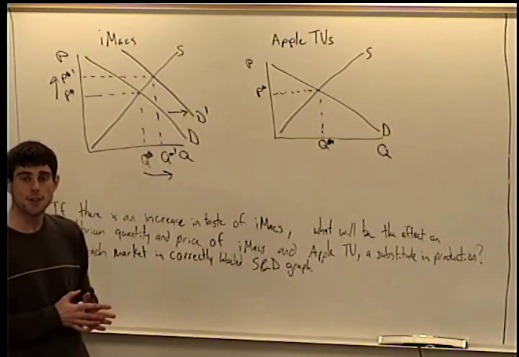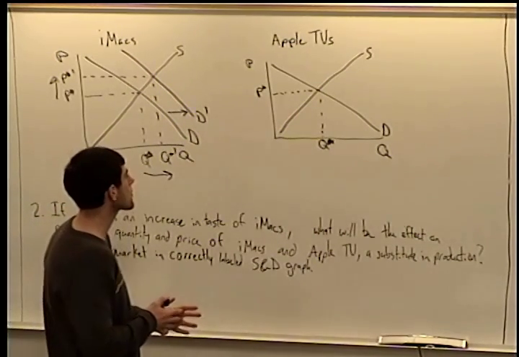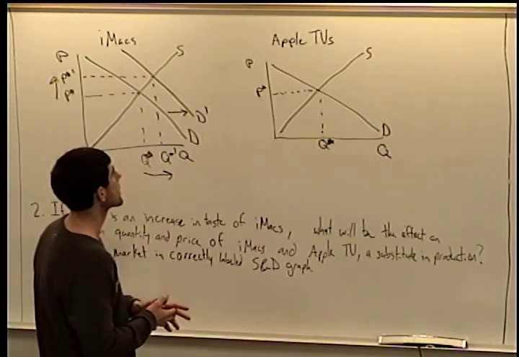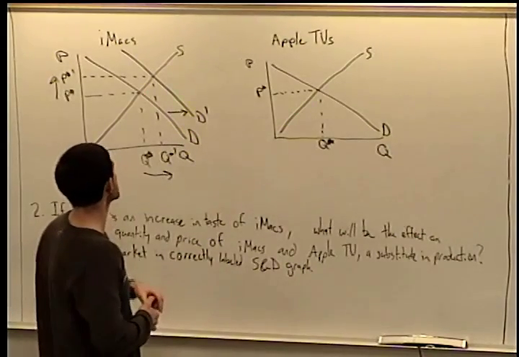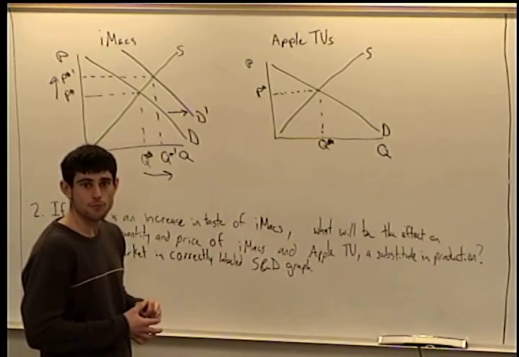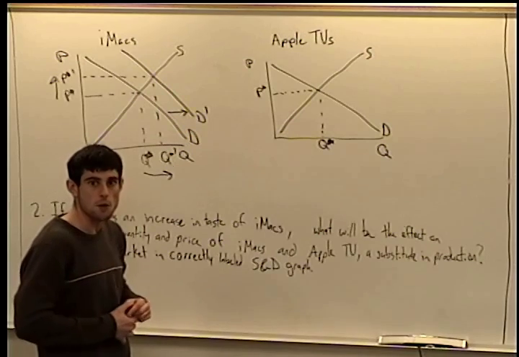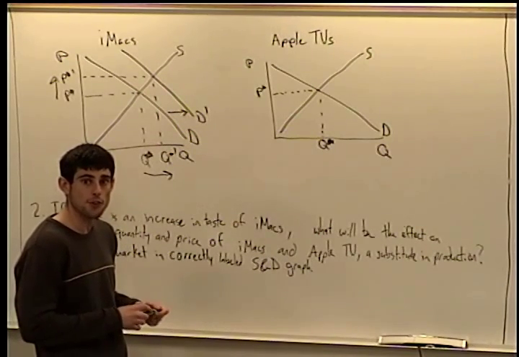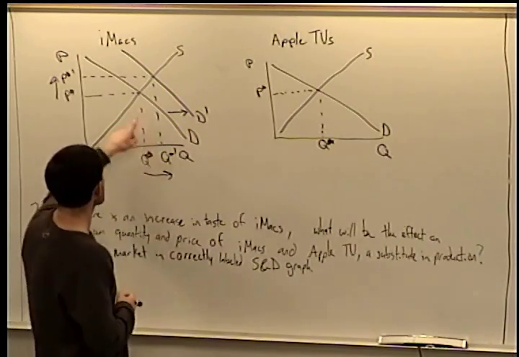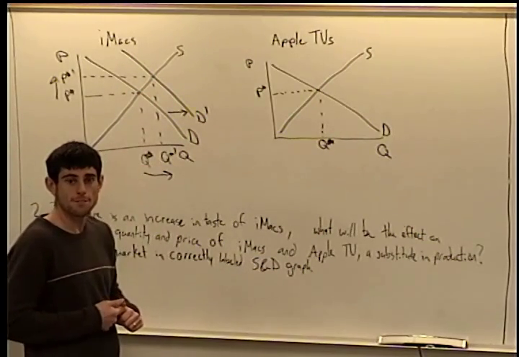Step 3 is, does that shock increase or decrease supply? So we have to think, how does Apple respond in producing Apple TVs when the price of iMacs increases? Well, if the price of iMacs increases, that means that iMacs become more profitable for Apple to sell. So Apple is going to make more iMacs, right?